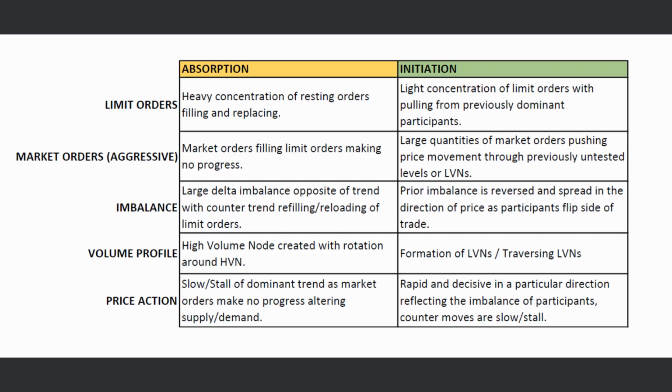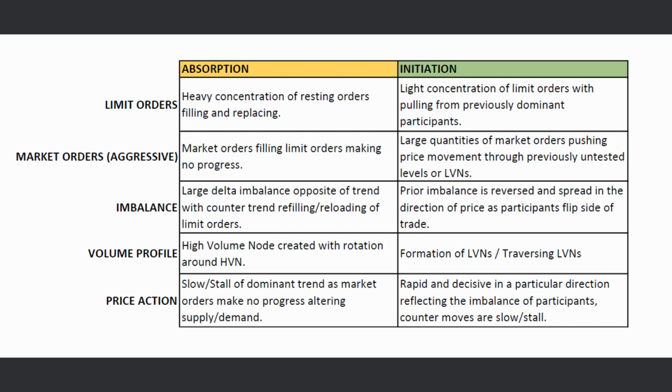Absorption is identified on the volume profile as a high volume node where substantial trading activity transpires. Think about it. You have resting limit orders that are repeating and refreshing, and as the aggressive market orders step in and fill them, you're building volume. So this is often considered an area of two-way trade based upon that high concentration.